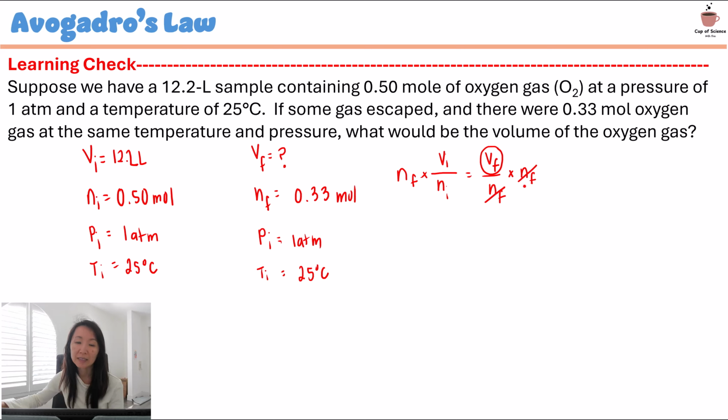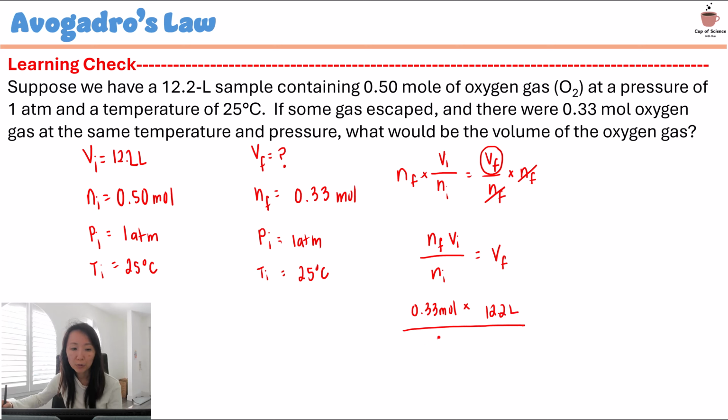Then we can cancel out the Nf, and I am left with Nf times Vi all over Ni is equal to V final. The final moles is 0.33 moles, multiplied by the initial volume, 12.2 liters, and then divided by my initial moles, which is 0.50 moles.